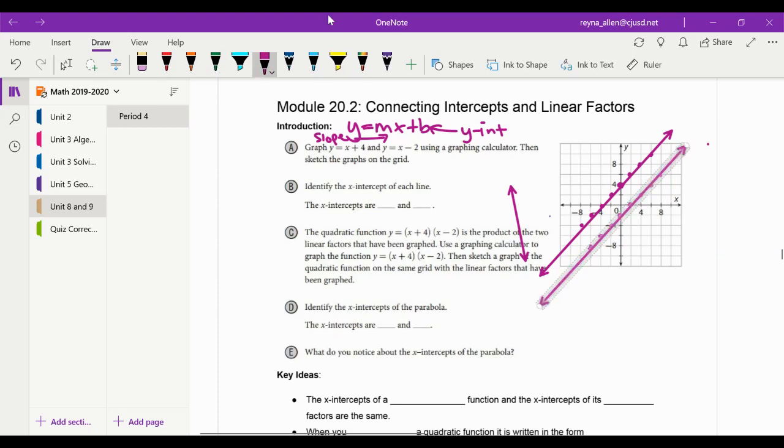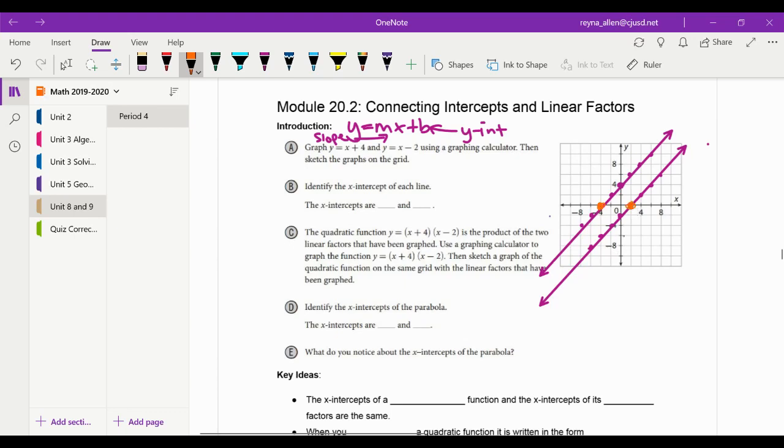Okay, so graphing those two lines, pretty easy. It's what you guys learned last year. We did a little bit of it this year too. The next part says, what are the x-intercepts of these two lines? Well, it crosses here and here.